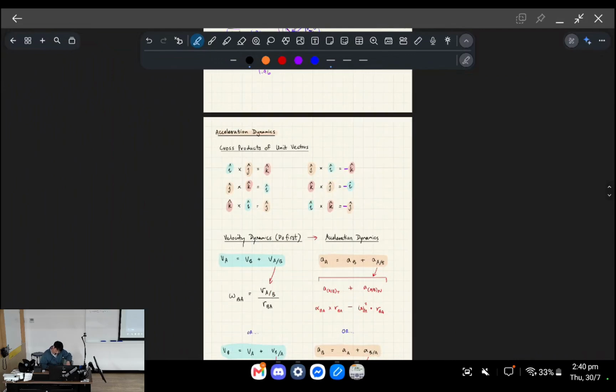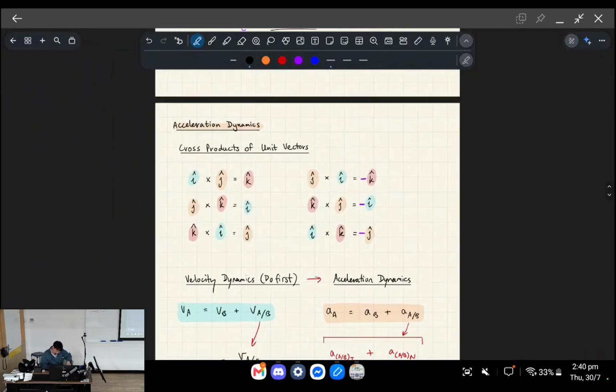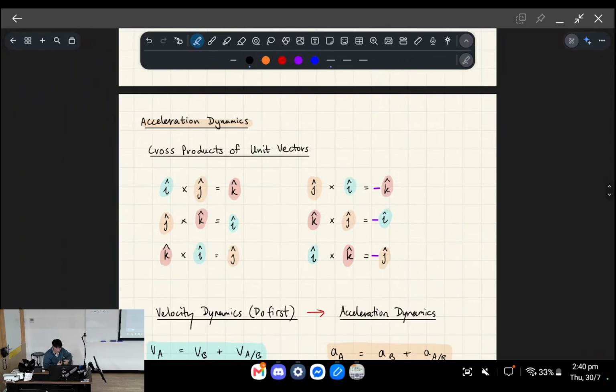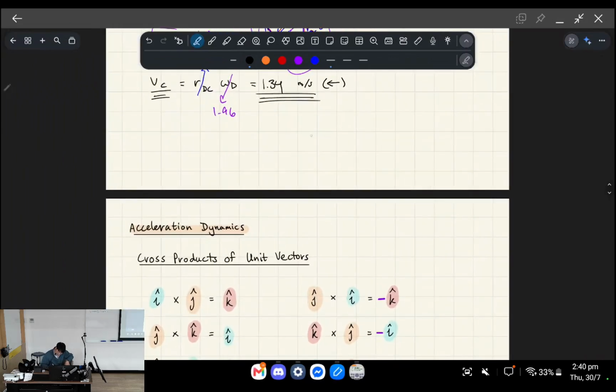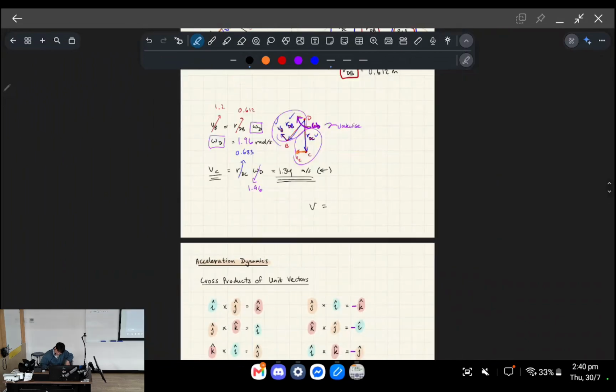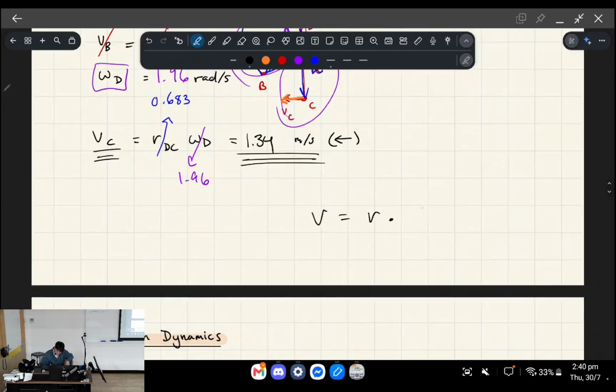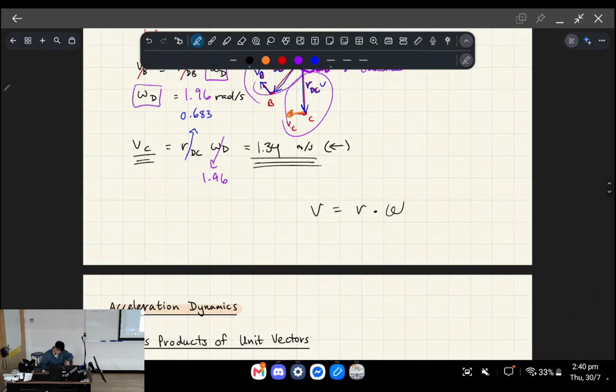Okay, let's talk about acceleration in dynamics, okay? And let's just talk about cross products. So you might choose to do all these questions using cross products instead of the dot product system that we've been doing. When I'm talking about the dot product system, I'm talking about the fact that we've been doing stuff like V is R times omega, for example.